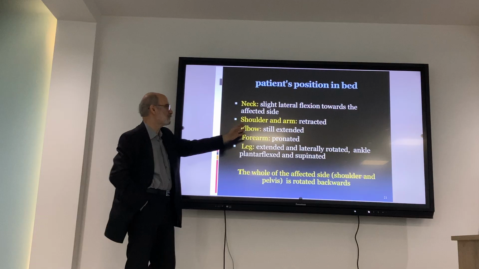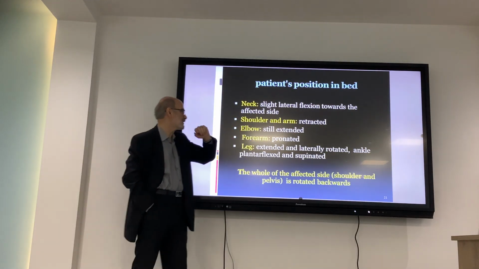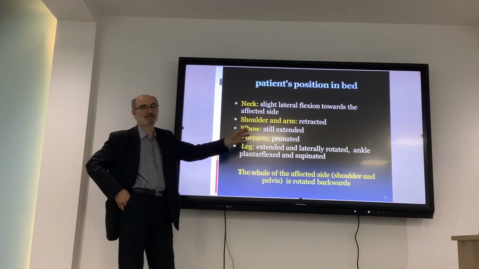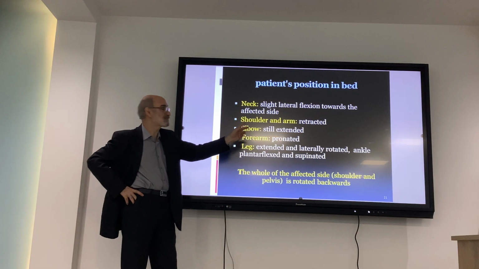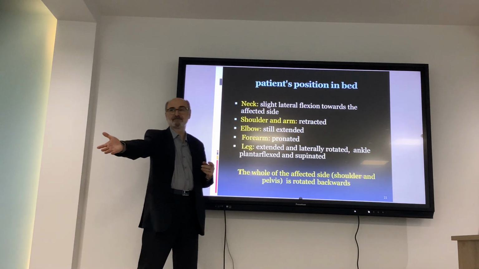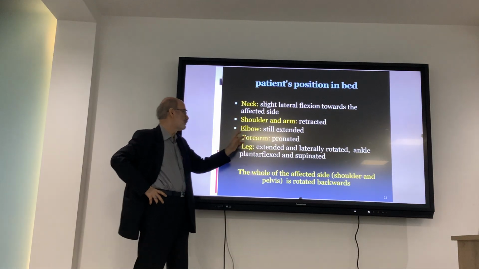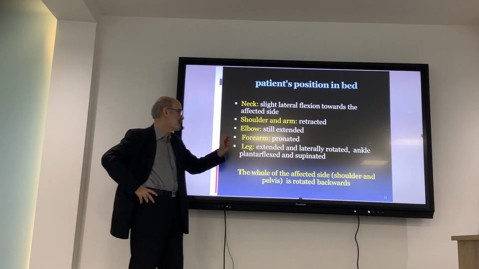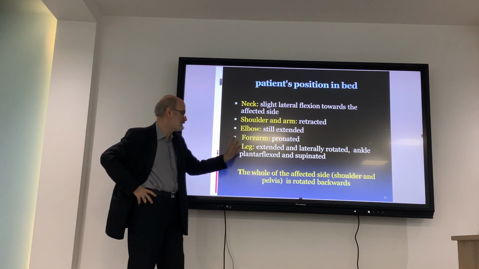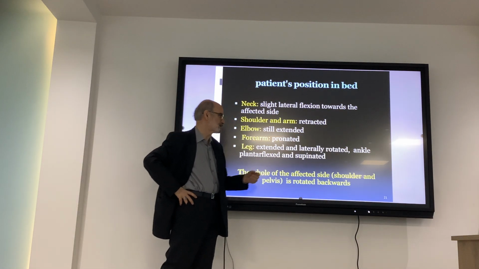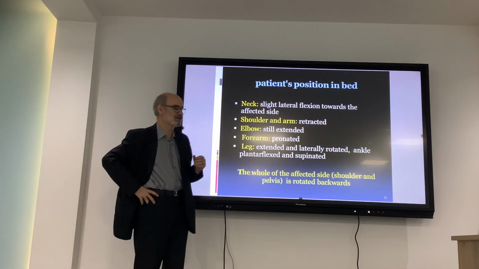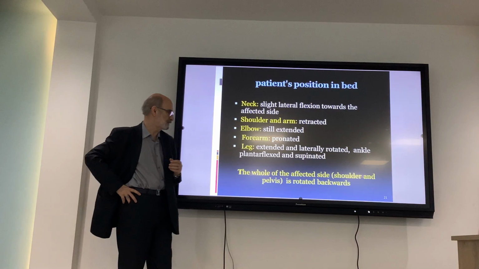Shoulder and arm are retracted, but the elbow at this stage is still extended. It's not flexed like that. It's still extended, forearm is in pronation, leg is extended and laterally rotated, ankle is in plantar flexion and supination.